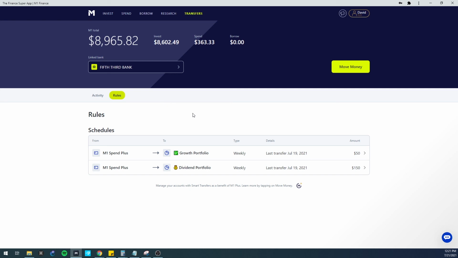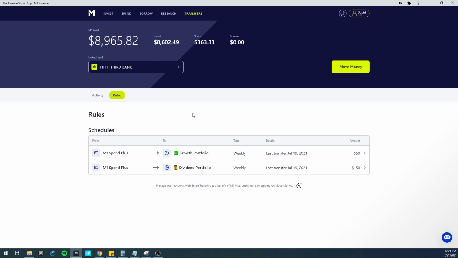Now, one thing to note here, this is the core part of M1 Finance, and you get this for free. When you use M1 Finance and you do not have a membership, you can still set up your rules for transferring money into your portfolio.